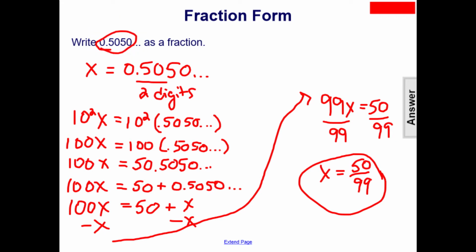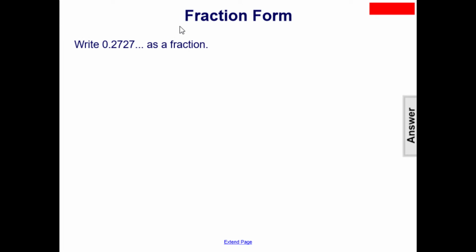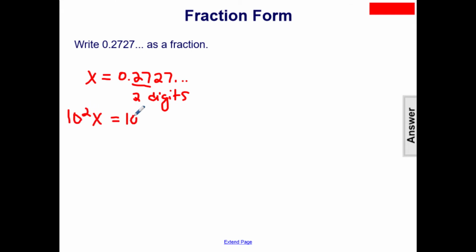Let's see it once more. Here we have 0.27 repeating. Let's set that equal to x. We can see those two digits, the 2 and the 7, are repeating. So again, I'm going to multiply by 10 squared, both sides, since that's how many digits are repeating. 10 squared is the same thing as 100.